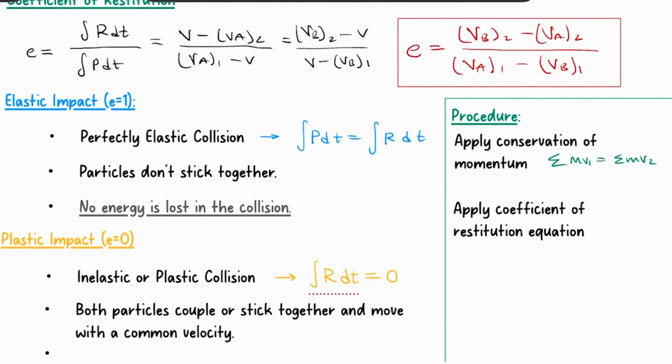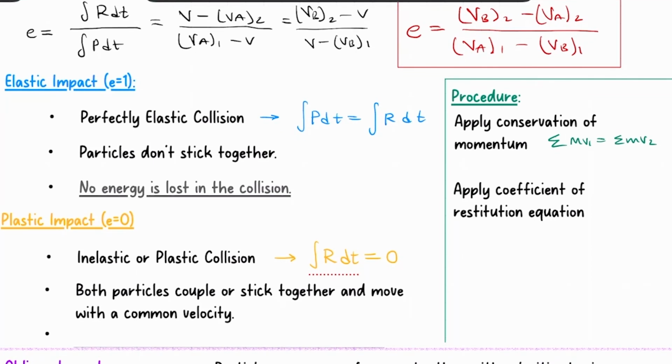Whereas if the coefficient of restitution is equal to 0, that means we have a plastic or inelastic collision, meaning that the impulse of restitution is equal to 0, and in this case both particles couple or stick together and move with a common velocity. So the energy lost during the collision is a maximum.